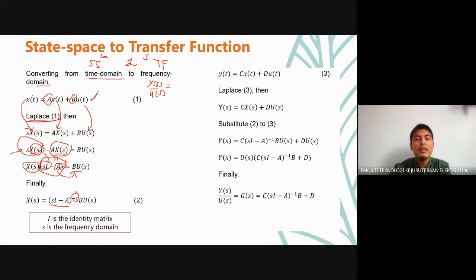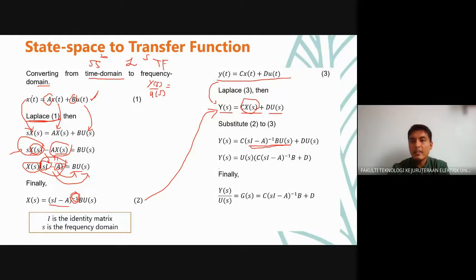From y(t) equals Cx(t) plus Du(t), again you Laplace them to become Y(s) equals CX(s) plus DU(s). Then you substitute X(s) from equation 1 into equation 2.